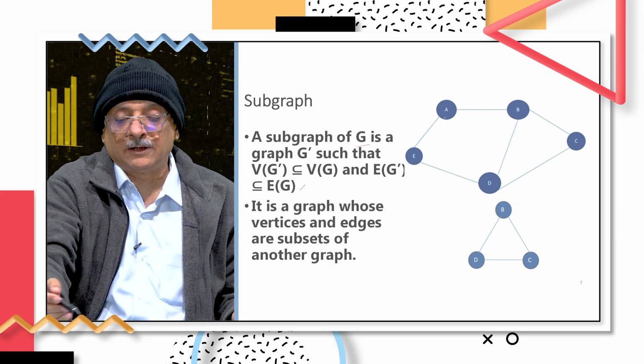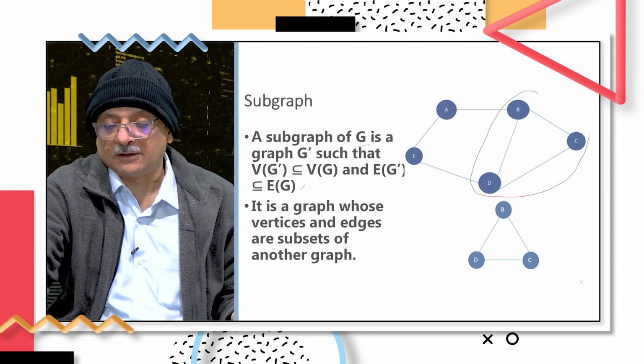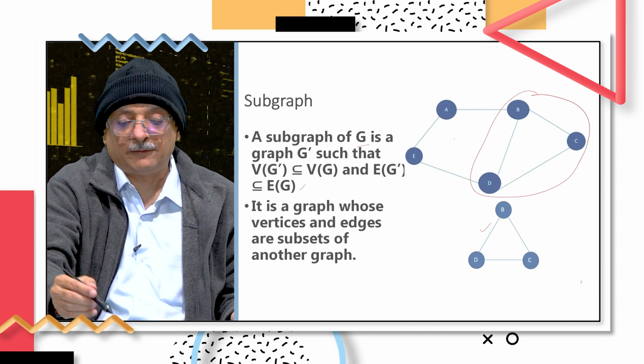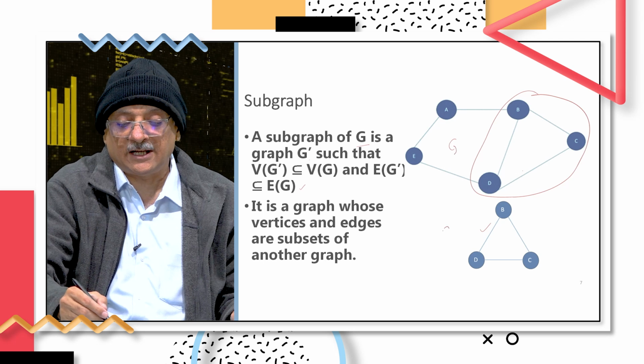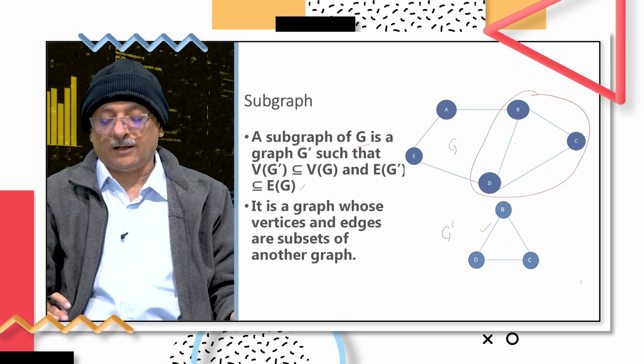If I have a graph A, B, C, D, E, and I pick up this particular portion, which is represented over here, B, D, C, then this becomes a subgraph. Suppose this is G, this becomes G dash. So, this is a subgraph of this particular graph.